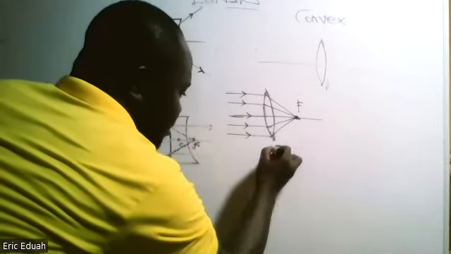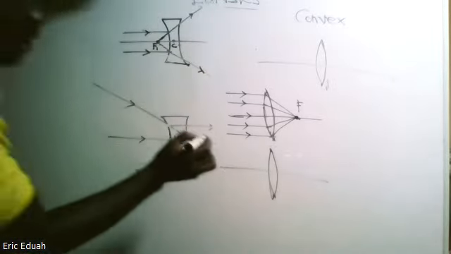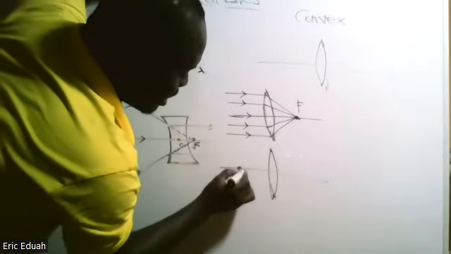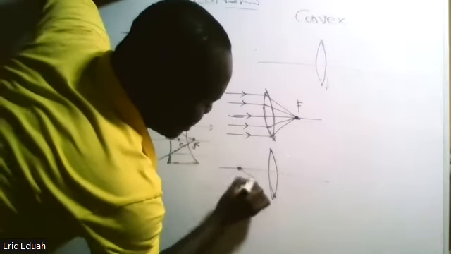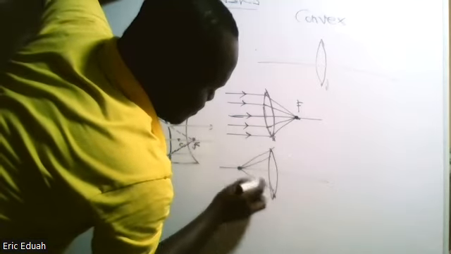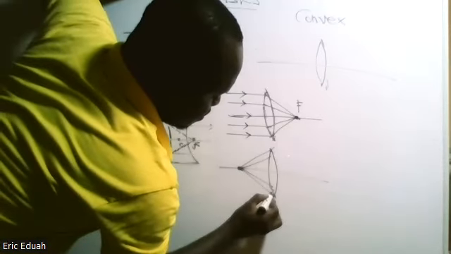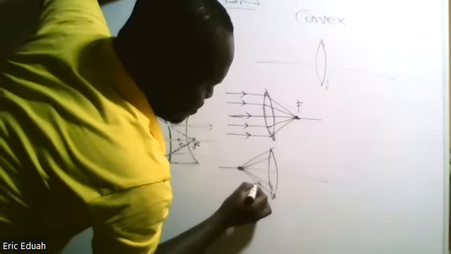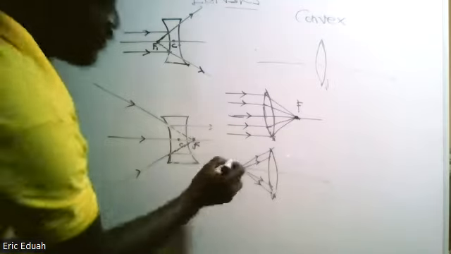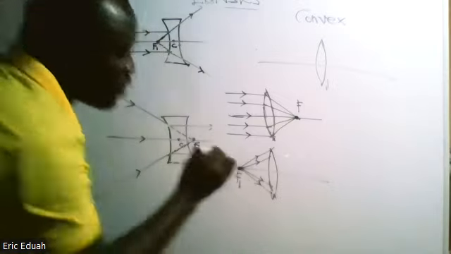Now, if we have a point, either here or here, and the rays are coming from that point, here it appears as if this point where the rays are coming from is the principal focus.